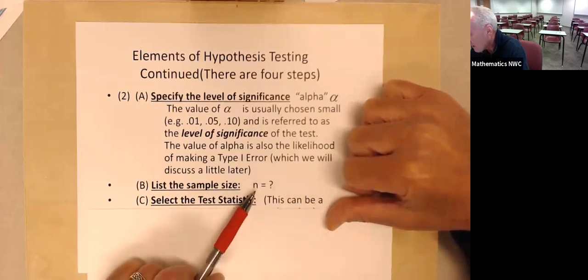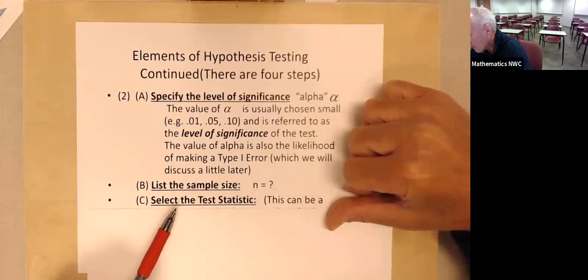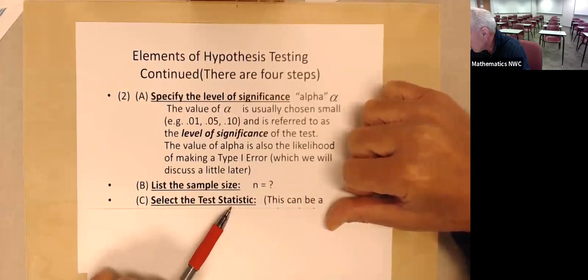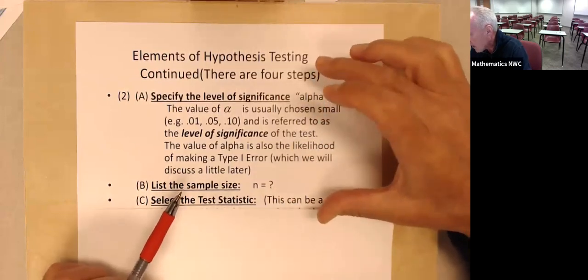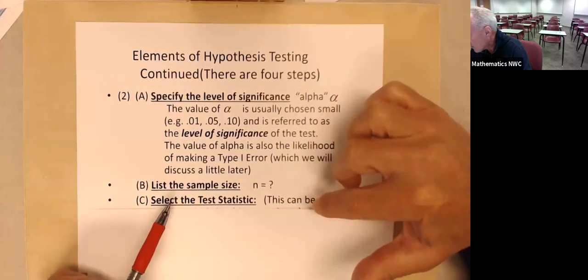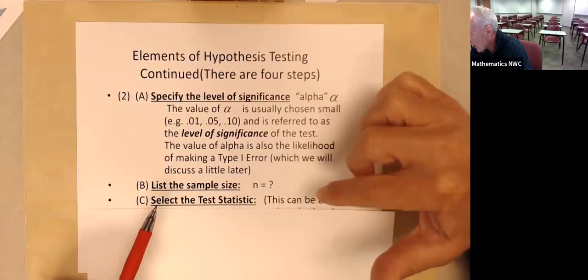If, on the other hand, n was, say, 100, that's more than 30, then I would say my test statistic is a z. That tells our audience what type of statistic I'm using and why I'm using it.